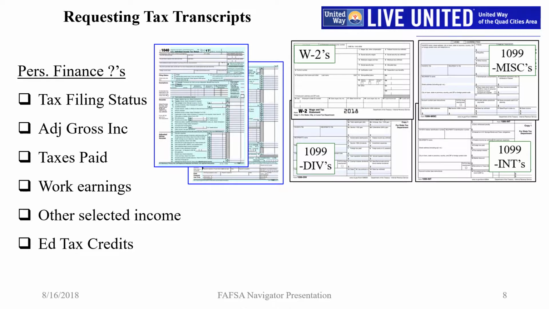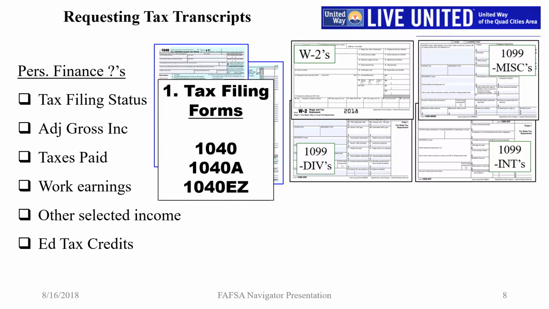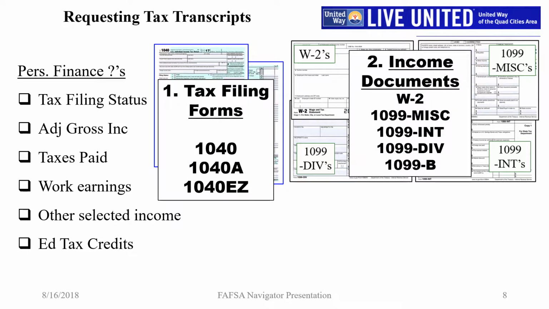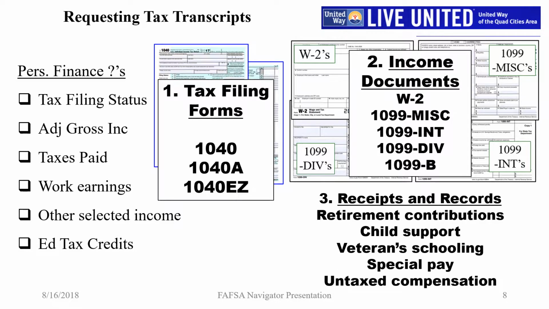In order to answer the questions, you may need 3 categories of forms and records: your actual tax filing forms, your income documents from work, self-employment, interest, dividends, and capital gains, plus other forms, records, receipts, and statements for retirement account contributions, court-ordered child support, veteran schooling, selected special pay, and other forms of untaxed compensation and assistance.